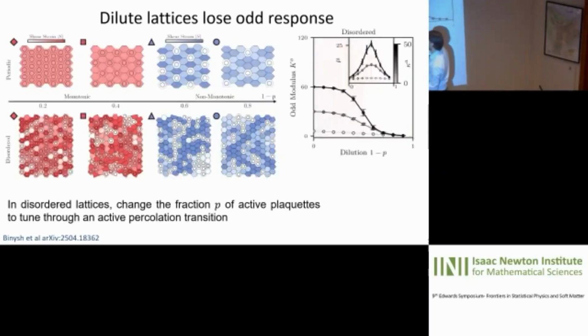So you can plot these deformations on this axis now of dilution, which is 1 minus the fraction of the active hexagons.